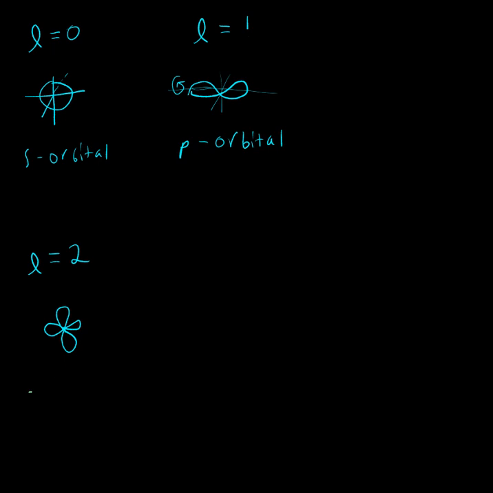And it is going to be called the d orbital. So these are the different shapes we have.